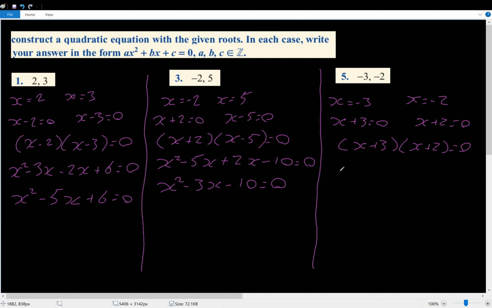So when we multiply them out, we're going to get x squared plus 2x plus 3x plus 6 equals 0. And we tidy that up, we get x squared plus 5x plus 6 is equal to 0. And that is that.